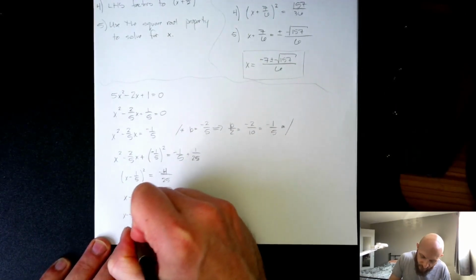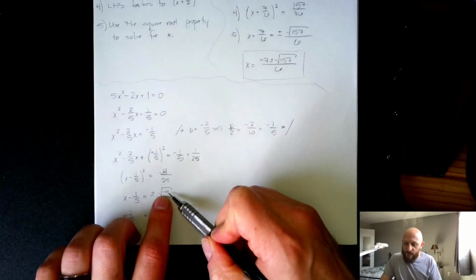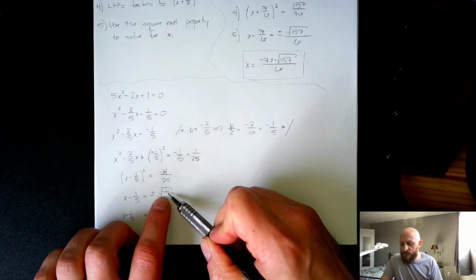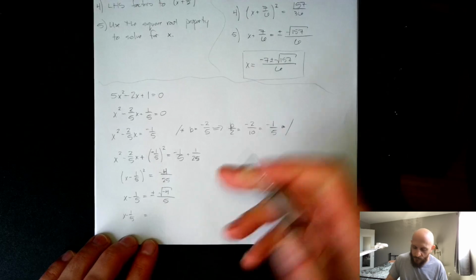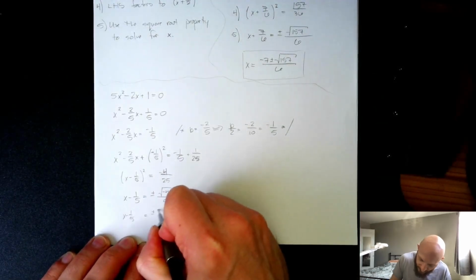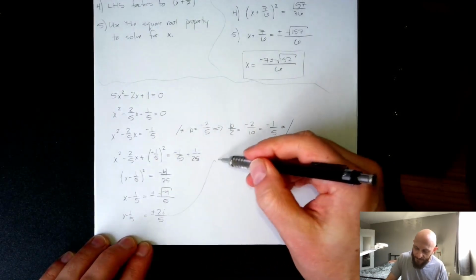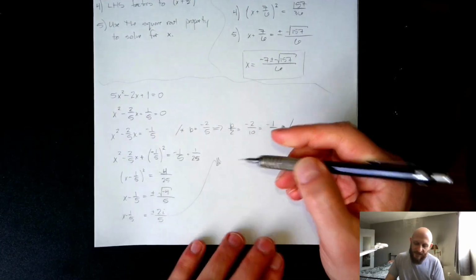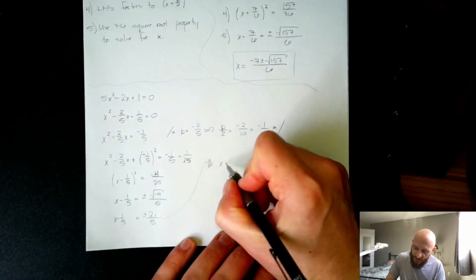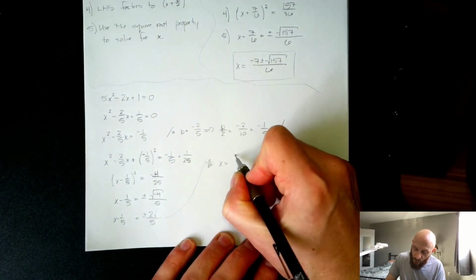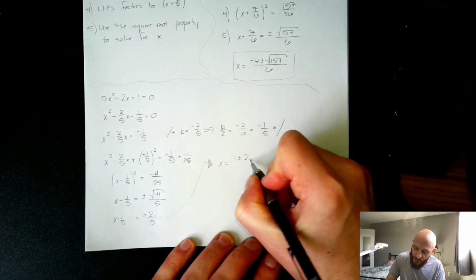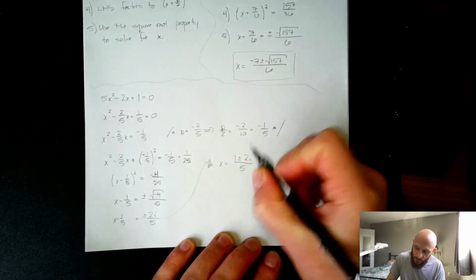So x minus 1/5, and then I'll deal with this root negative 4, which is 2i, so plus or minus 2i over 5. Then adding 1/5 to each side, we get x equals 1 plus or minus 2i over 5.